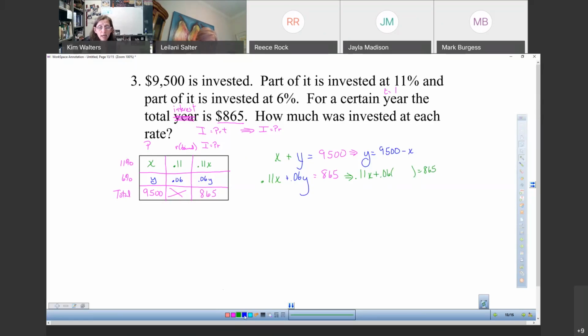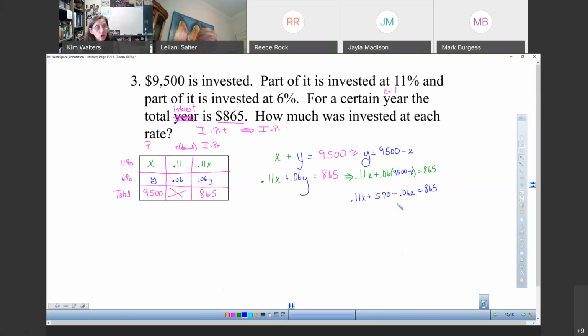And in place of y, I'm going to substitute 9,500 minus x. And so my second equation is going to become 0.11x plus, pulling out the calculator for these, y'all know I don't like these decimals, 9,500 times 0.06. So I'm going to have 570 minus, and I'm multiplying everything through by that decimal, 0.06x, equals 865.